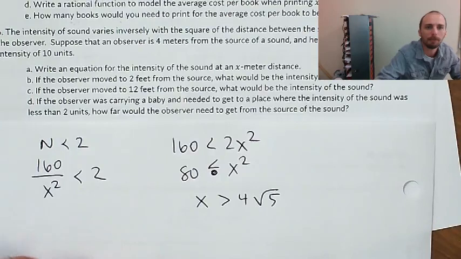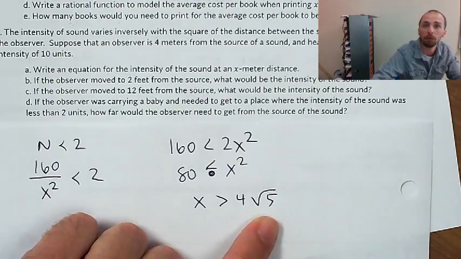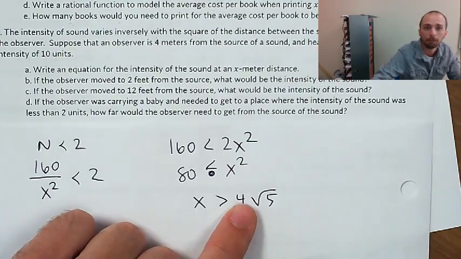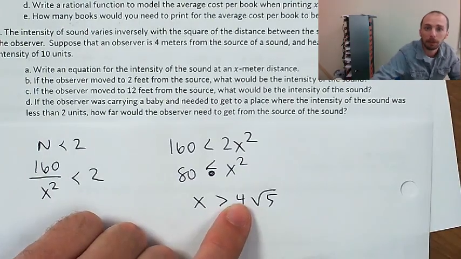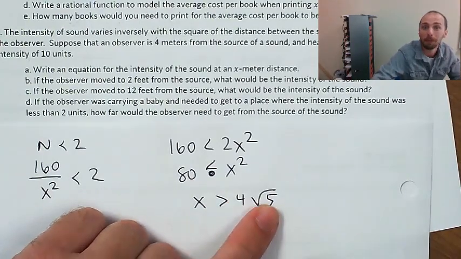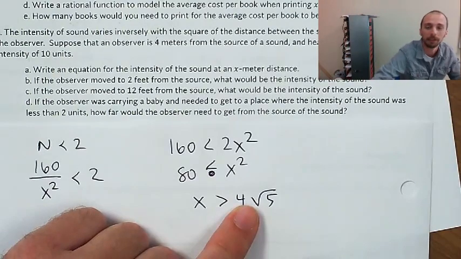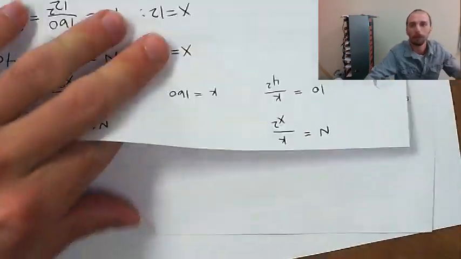I feel like, again, I've messed this up. No, that's right. That feels right. So x needs to be greater than 4 root 5 meters. You know what would be a safe distance if you were carrying a baby? Greater than this is 4 times 5, it's 20 meters, right? Can't ever be too careful with your hearing.